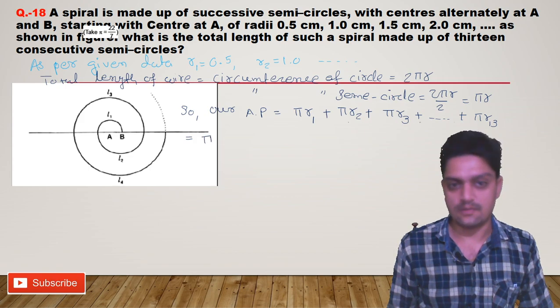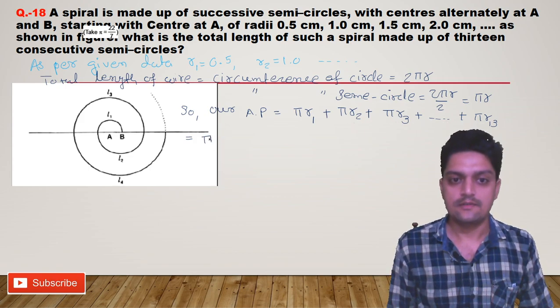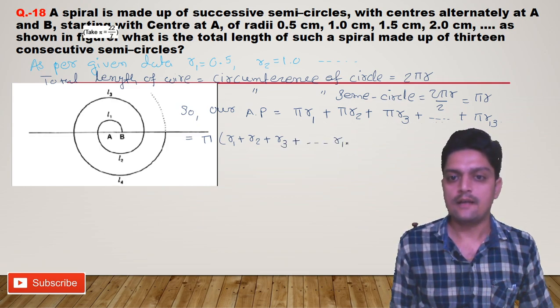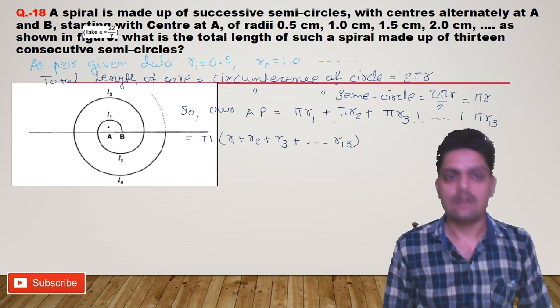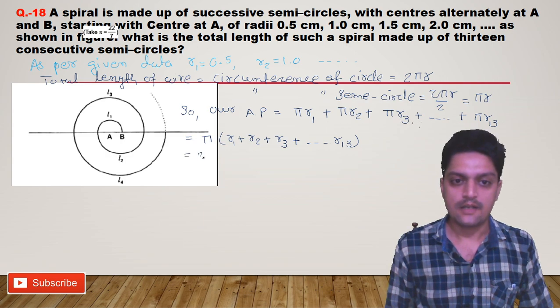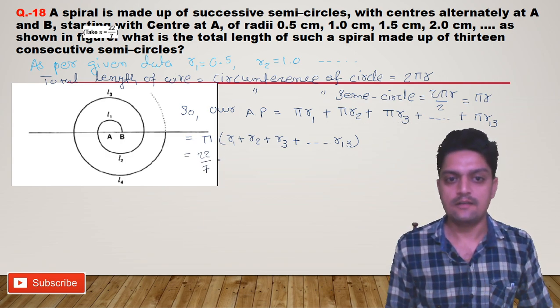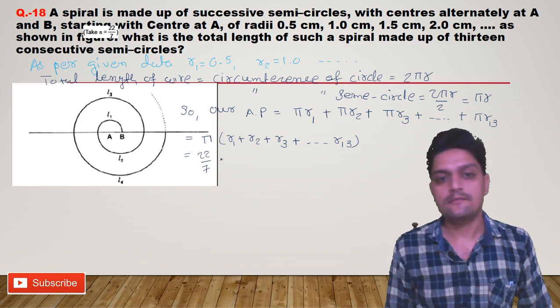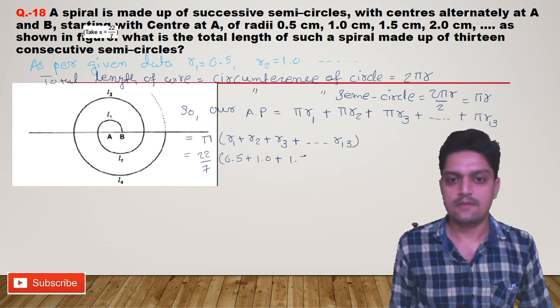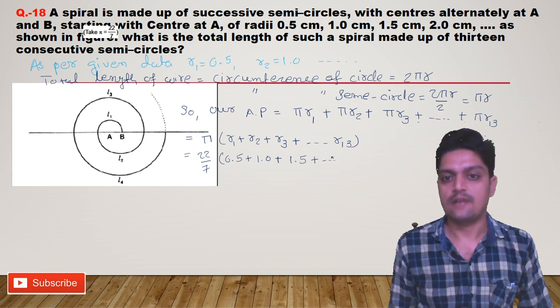Pi is common here, so pi times R1 plus R2 plus R3 up to R13. Now pi we put as 22/7. And R1 is 0.5 plus 1.0 plus 1.5 and so on. So R13 you have to find.